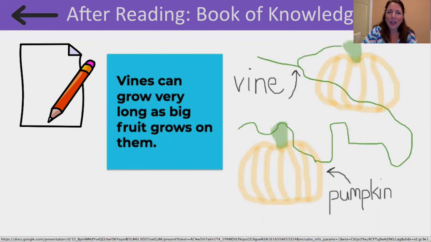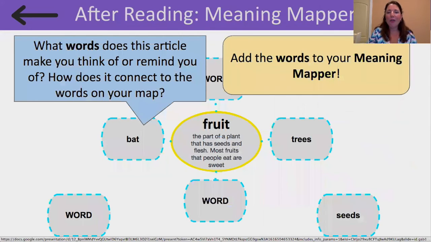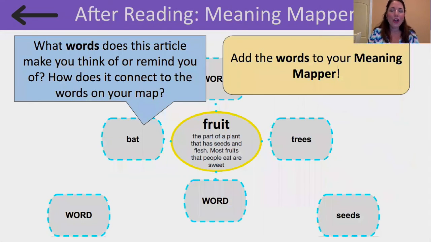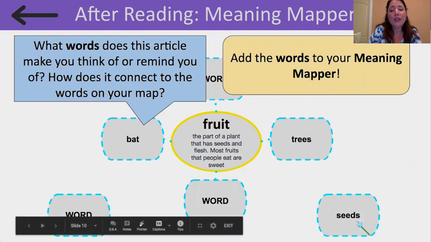So let's take another look at our focus word. Our focus word this week is the word fruit. Now remember, a fruit is the part of a plant that has seeds and flesh, and most fruits that people eat are sweet. And we already thought about the word trees, and the word seeds connects to the word trees because that's how trees grow.